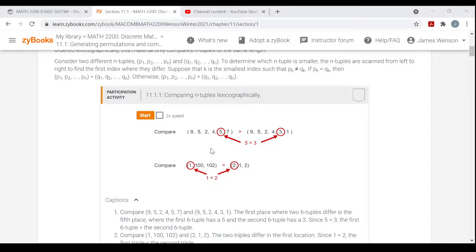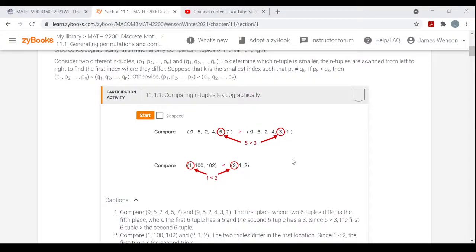So look at their examples here. Here are some 6-tuples, right? Some permutations of 6 elements. Got 9, 5, 2, 4, and 9, 5, 2, 4. So they're the same in the first 4 places. But then in the 5th position, see 5 in this 6-tuple, 3 in this 6-tuple. 5 is greater than 3, so they would consider this 6-tuple greater than this 6-tuple.